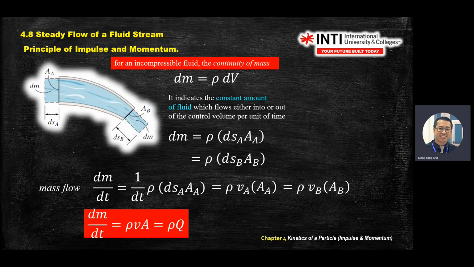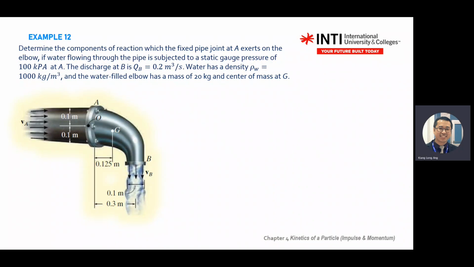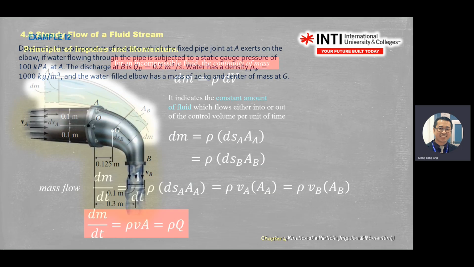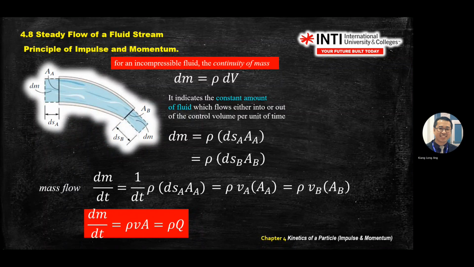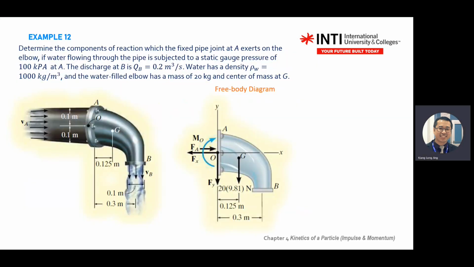Again, in this module, I do not focus on this one. So some examples like this. You only need to focus on this formula: before equals after. Okay? Draw the free body diagram, so and so, you read.